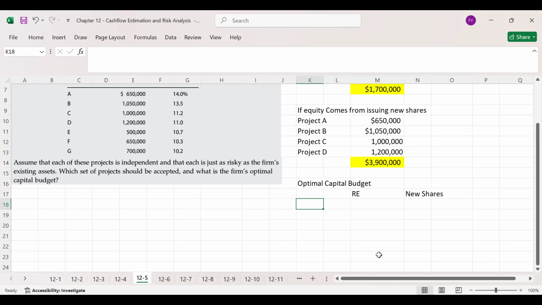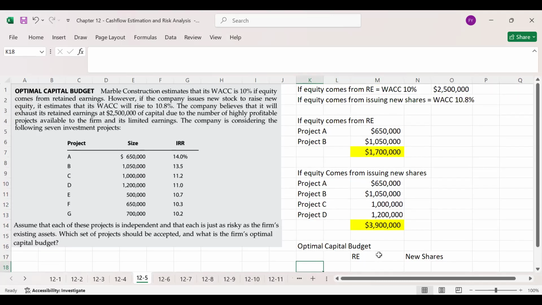And you can see that if the company chooses to finance these projects through new shares, then it can invest in all four projects. But if we want to create an optimal capital budget, a company should allocate 2.5 million from the retained earnings first, and then issue new equity for the remaining 1.4 million.